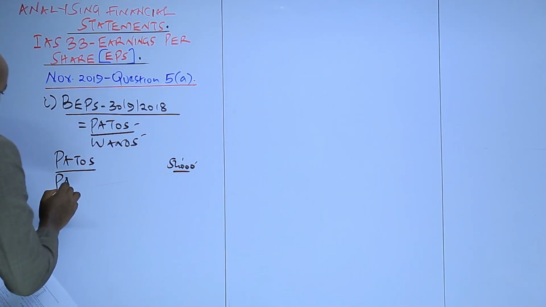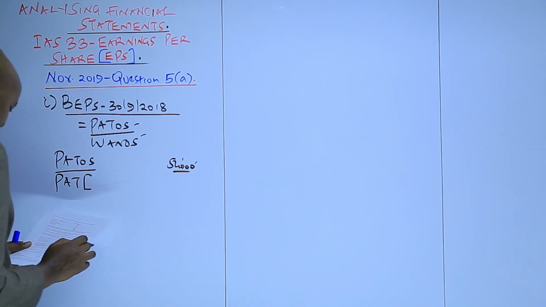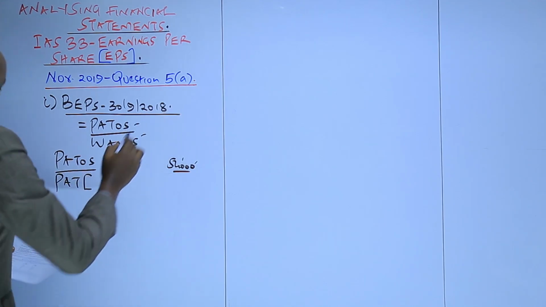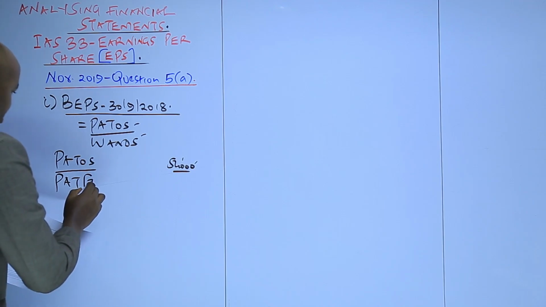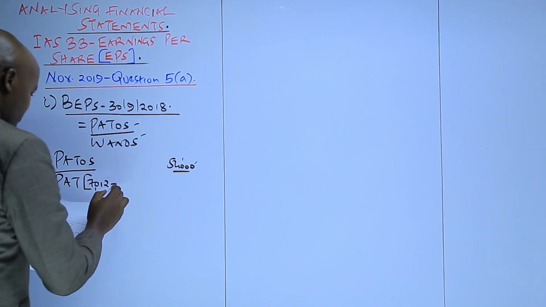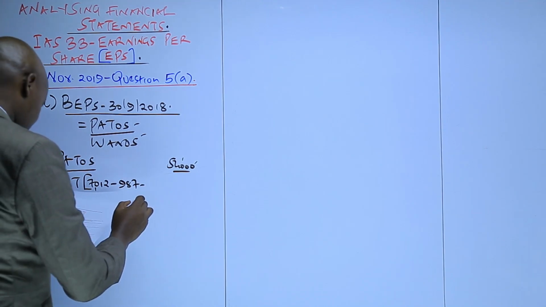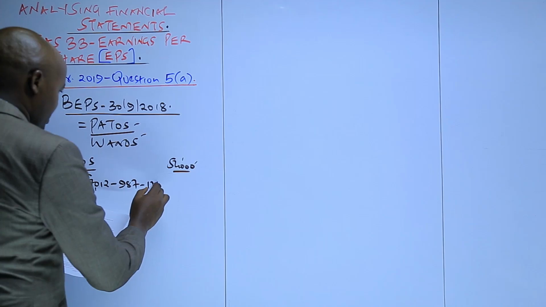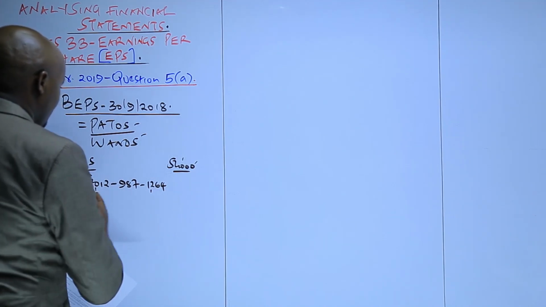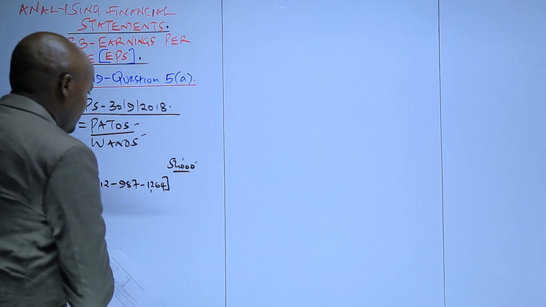So to get the profit after tax, we are going to take the profit before interest and tax, and we are starting with the year 2018, which is given as 7012. To this we less the interest, which in other terms we refer to as the finance cost, and then we less tax, which is 1264, and that will give us the profit after interest and tax.